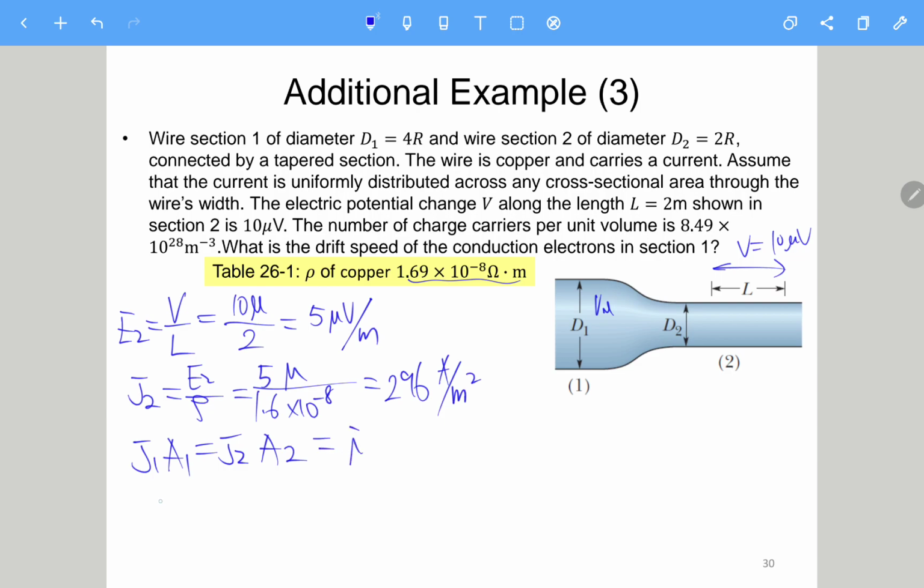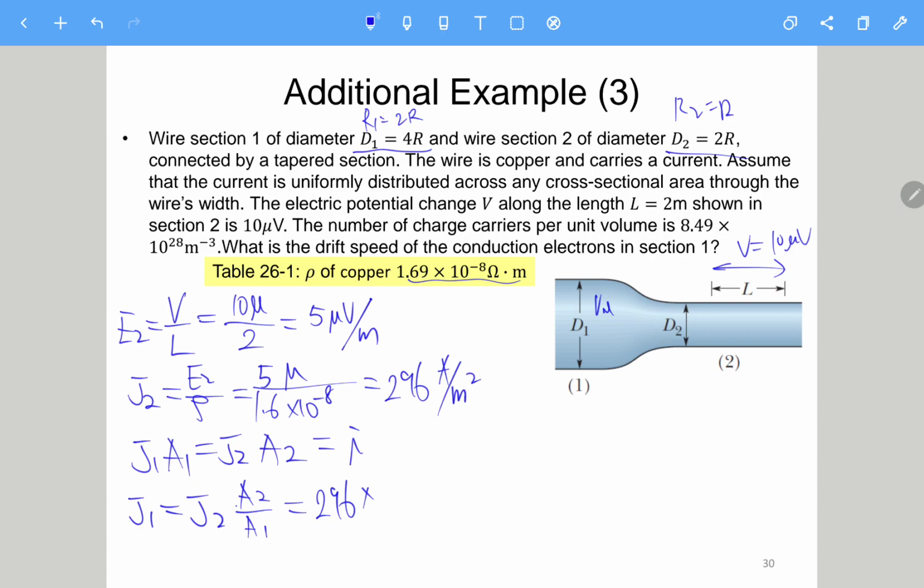But actually we would want to find J1 to be J2 times A2 over A1, and then we can just plug in the number 296. We know that D1 is 4R, D2 is 2R, so R1 is 2R, and then R2 is R. So you can get pi R1 squared, pi R2 squared.